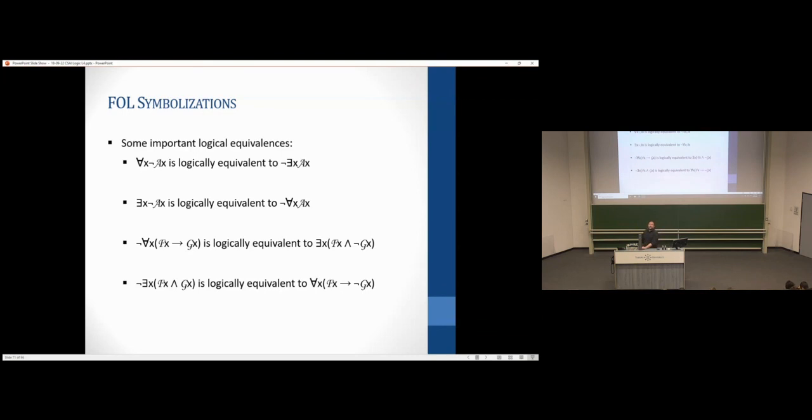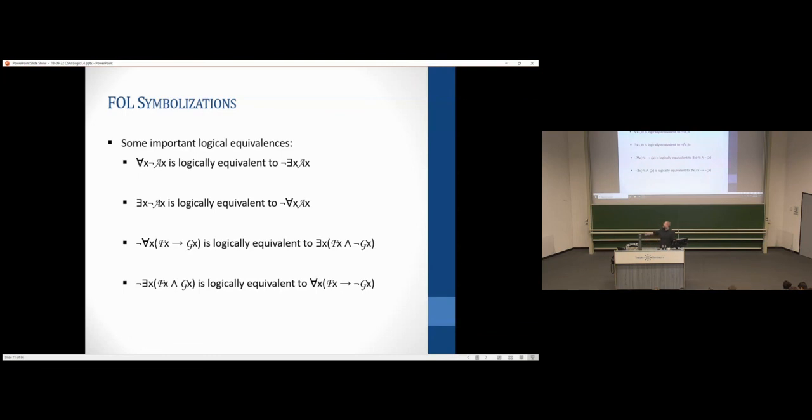So, some important logical equivalences to note. Our first pair, a really nice thing to know, is that if you have a universal quantifier followed by a negation, you can push the negation through and it turns the quantifier into an existential.